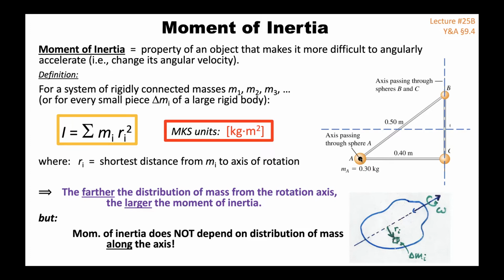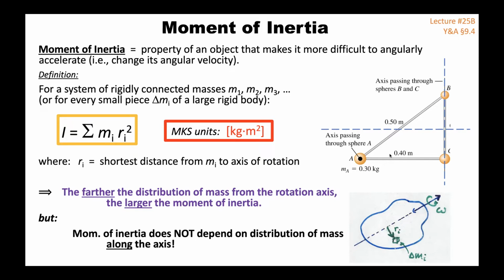But if we were to move it up parallel to the axis or down parallel to the axis, it does nothing to change the moment of inertia. This is very important to remember as well. Moving mass along and parallel to a rotational axis does not change how hard it is to spin it up or spin it down. It does nothing to change its moment of inertia or any of the quantities that depend on moment of inertia, as we'll see later, like rotational kinetic energy or angular momentum.